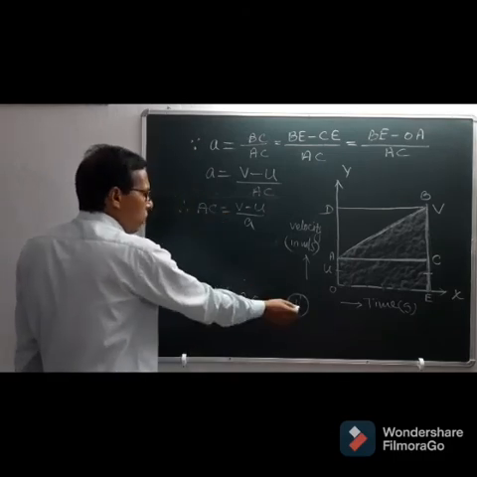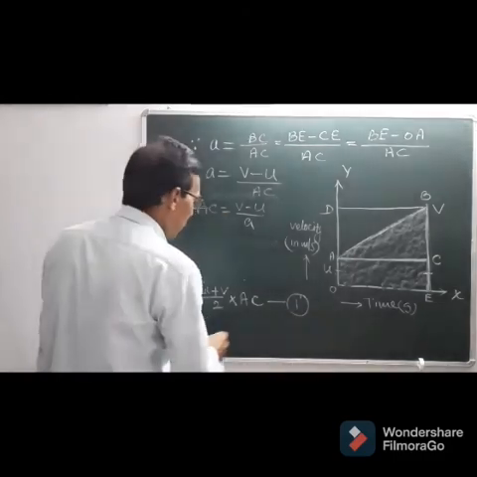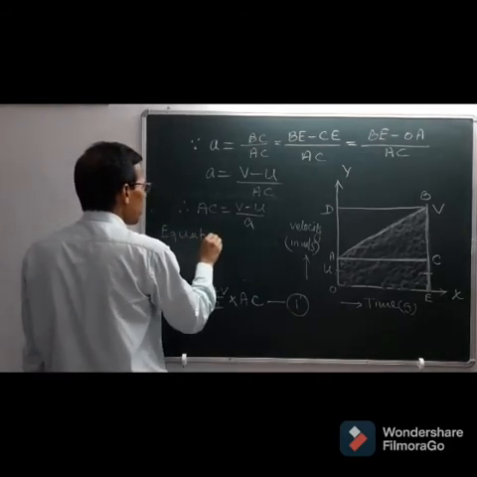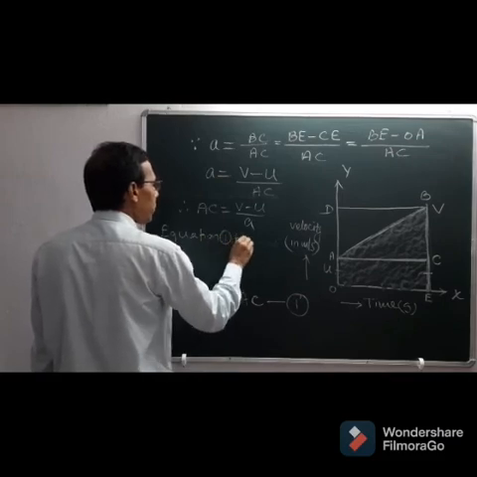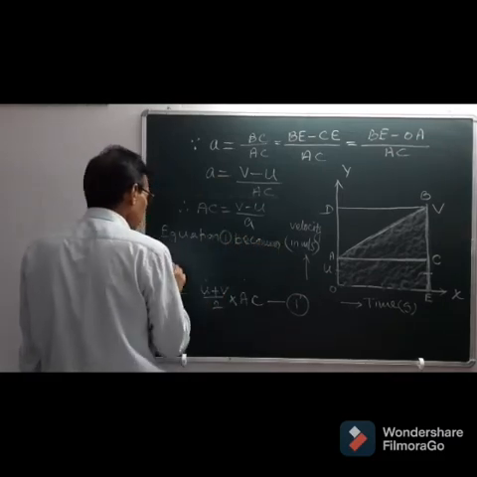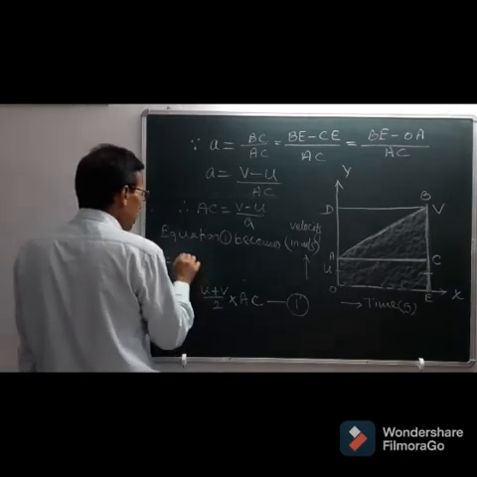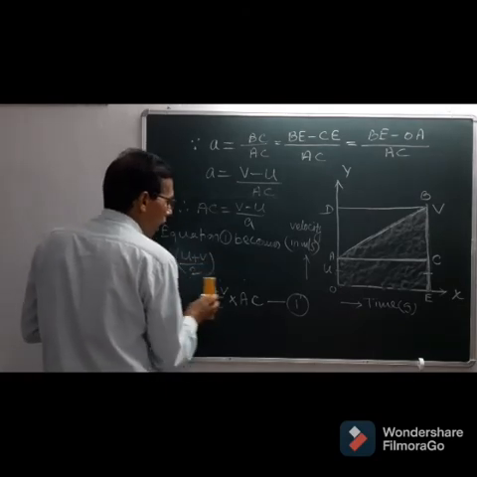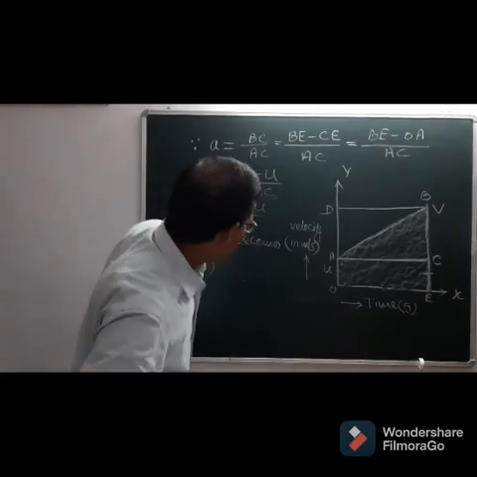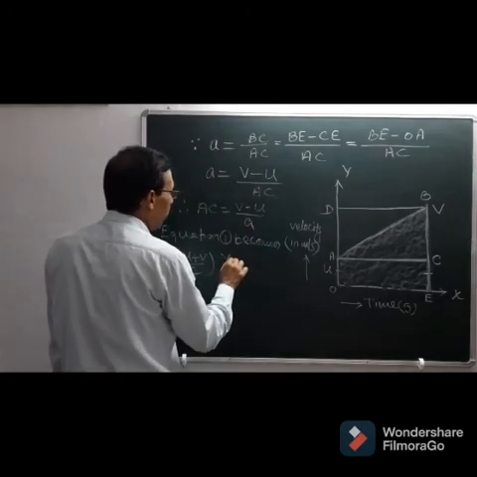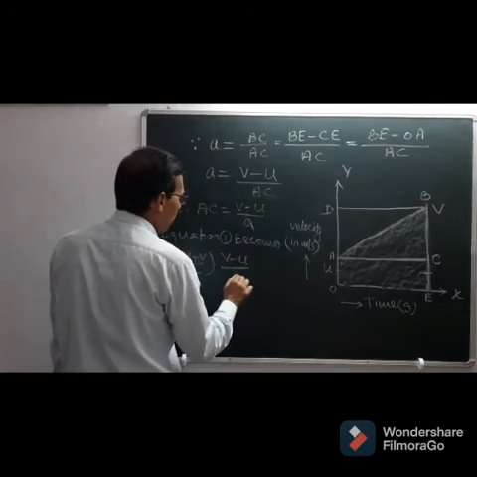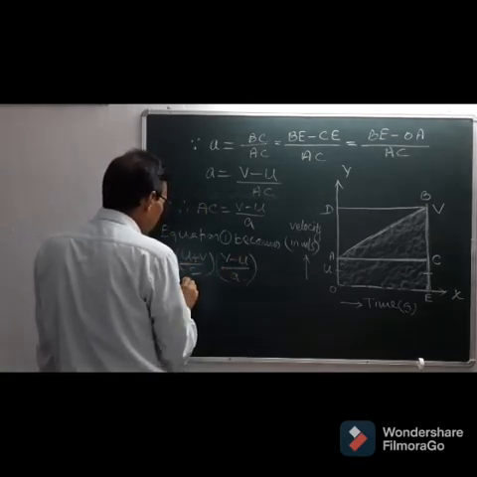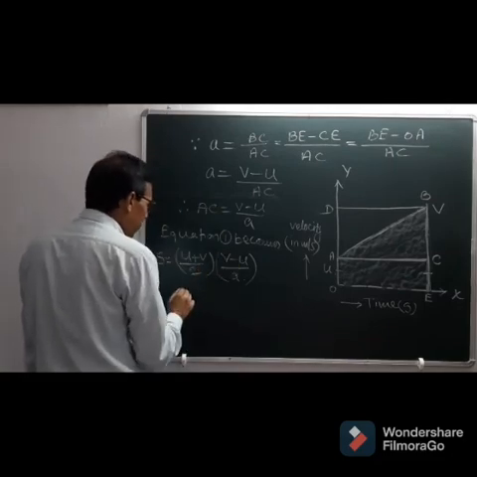Now putting this value in equation 1, S is equal to (U plus V) by 2, and the value of AC is (V minus U) by A. So (A plus B) into (A minus B) is equal to A square minus B square.